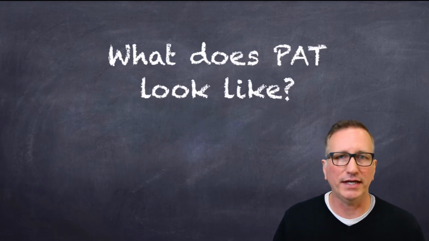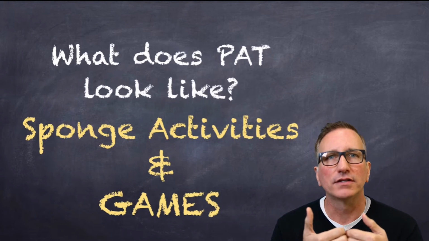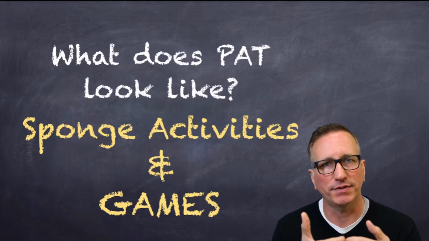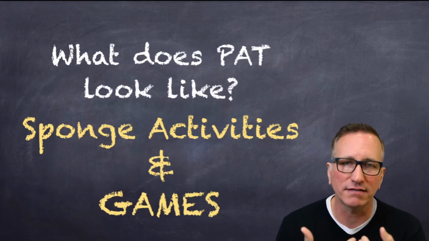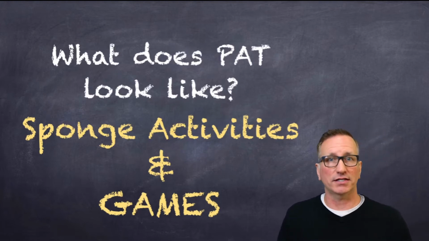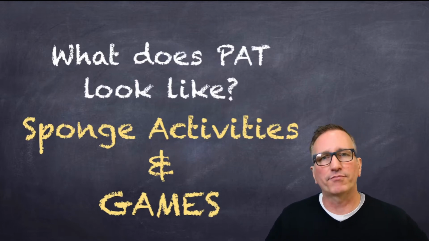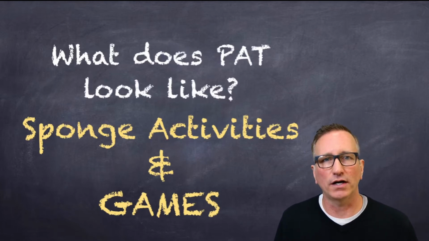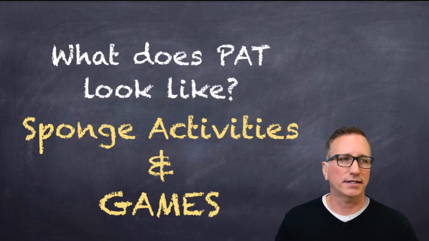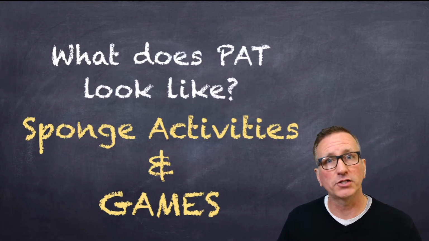So what does PAT look like? Well, the time that you're going to spend in PAT is usually sponge activities and games. Now, sponge activities are all those little activities in your in-person classroom that you've got pre-built into what's going on, right? So you've got maybe a board game area in the corner, maybe a little age-appropriate reading area in another corner.